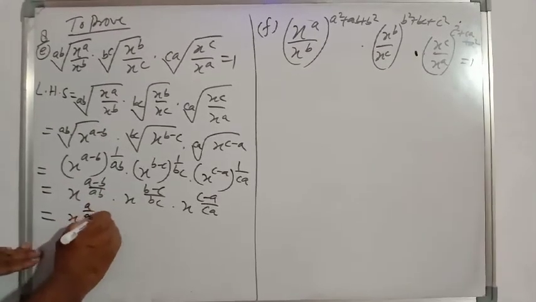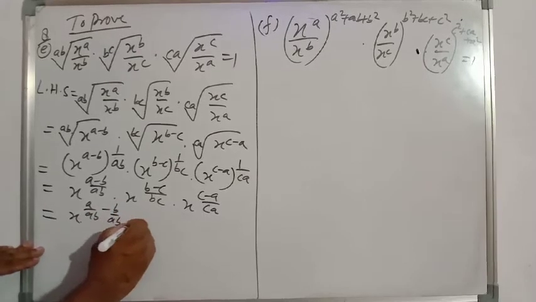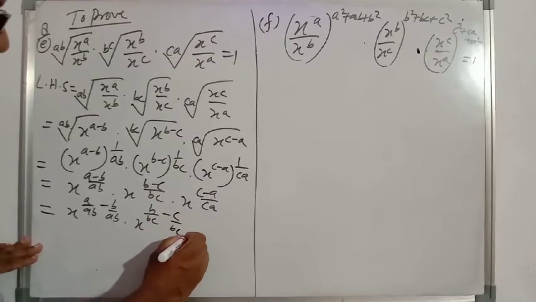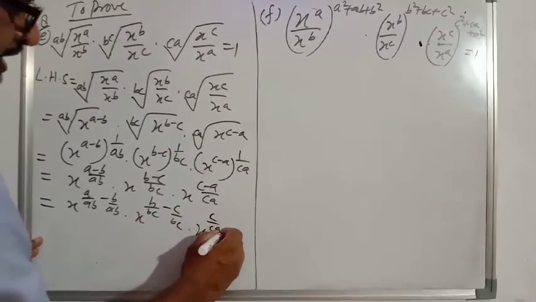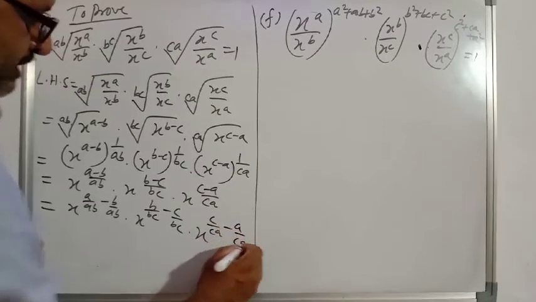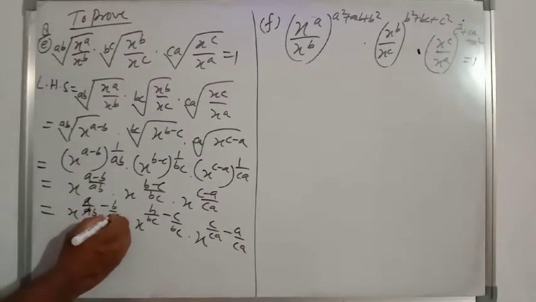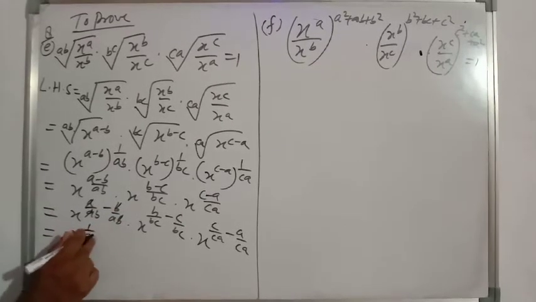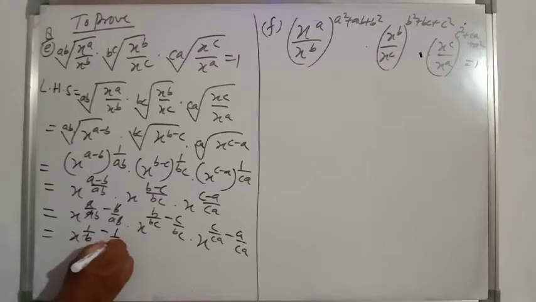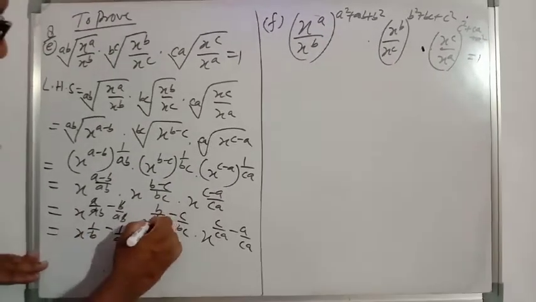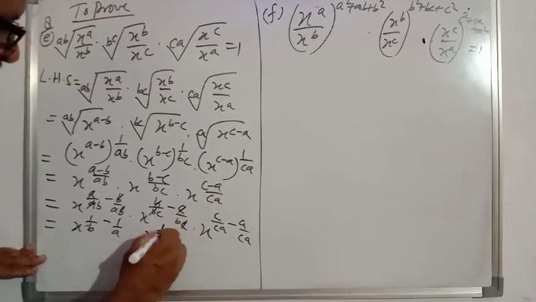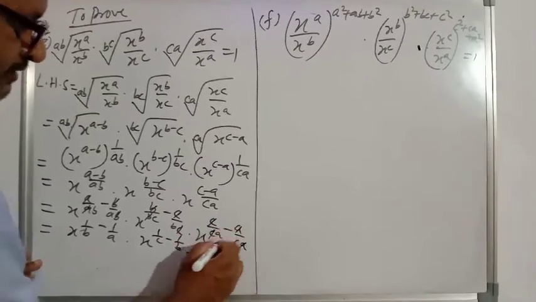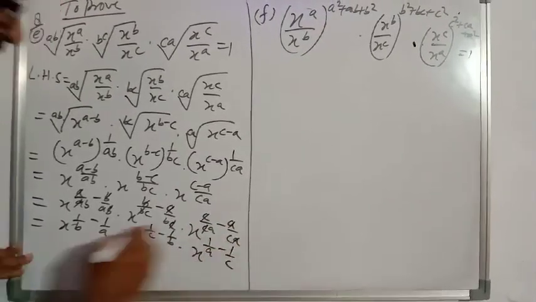We write a upon ab minus b upon ab, b upon bc minus c upon bc, c upon ca minus a upon ca. So we can cancel a with a, b with b. We get x to the power 1 by b minus 1 by a, into x to the power 1 by c minus 1 by b, into x to the power 1 by a minus 1 by c.